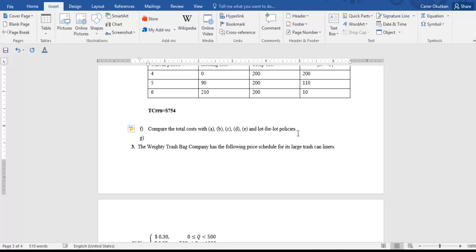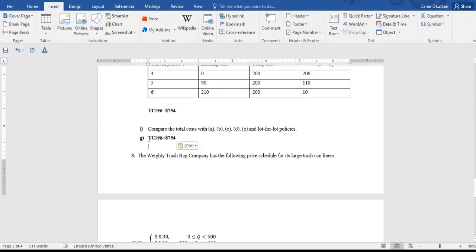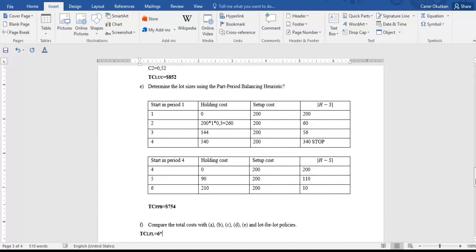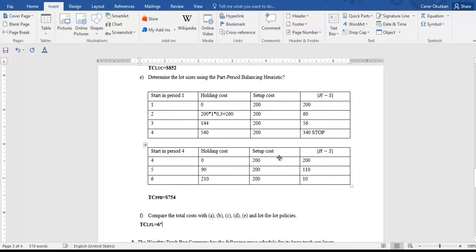In this question, to solve this question, we calculate total cost. We don't calculate lot for lot policies. In lot for lot policies, we write here lot for lot means we don't use any stock, and we use only setup cost.